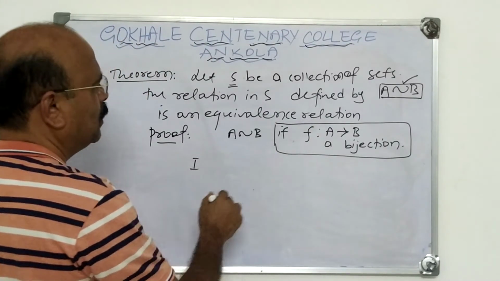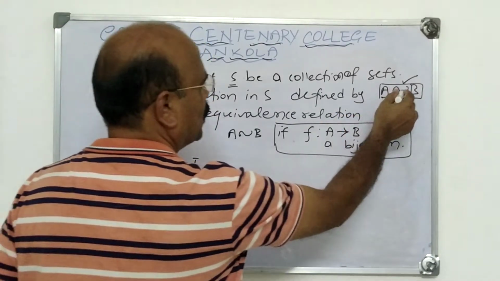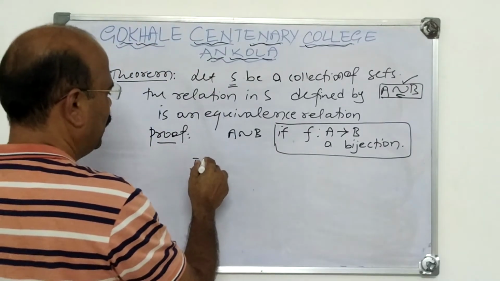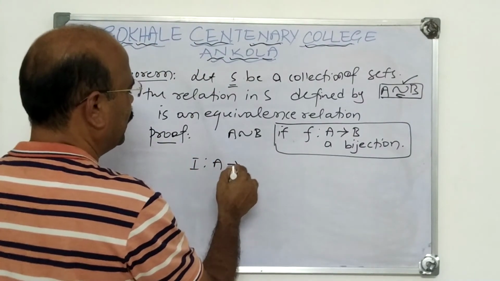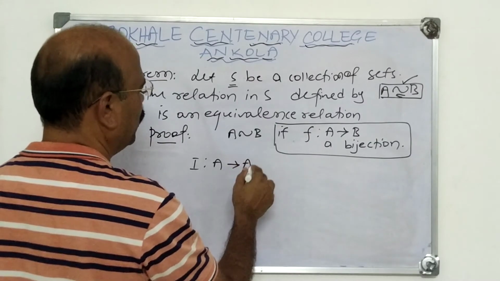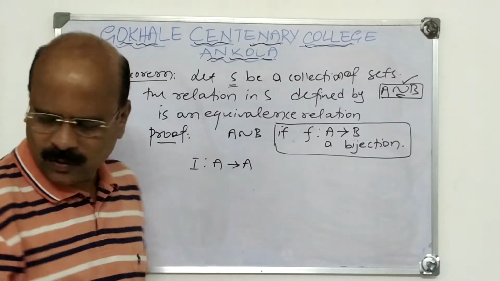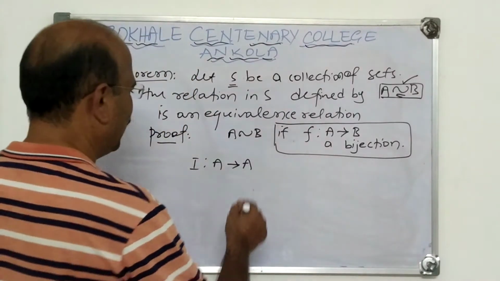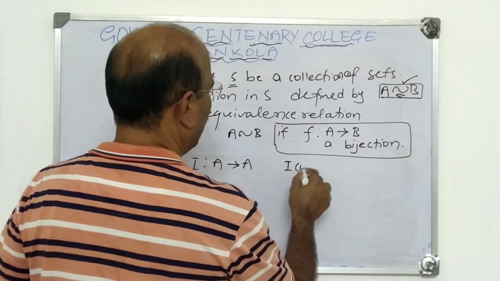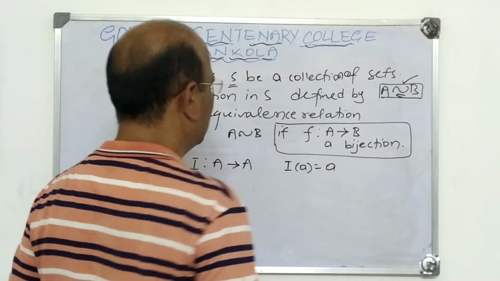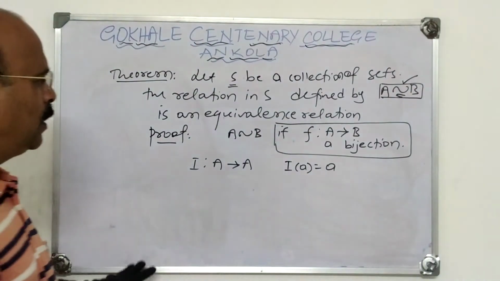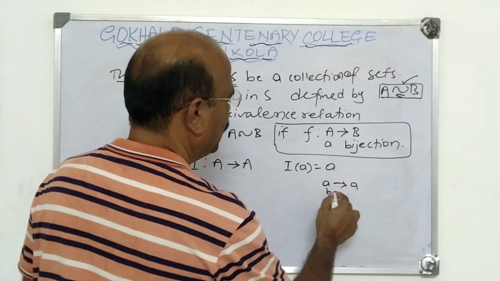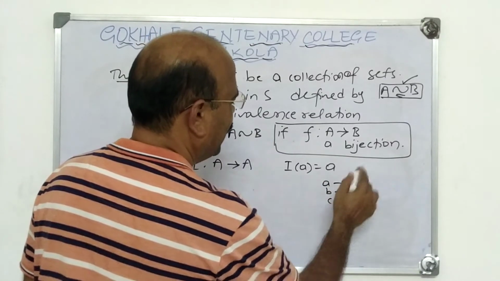First I prove that the relation is reflexive. For that, consider an identity mapping I from A to A. How is it defined? I of a is equal to a. This is called the identity function. That means a is related with a, b is related with b, c is related with c, and so on.